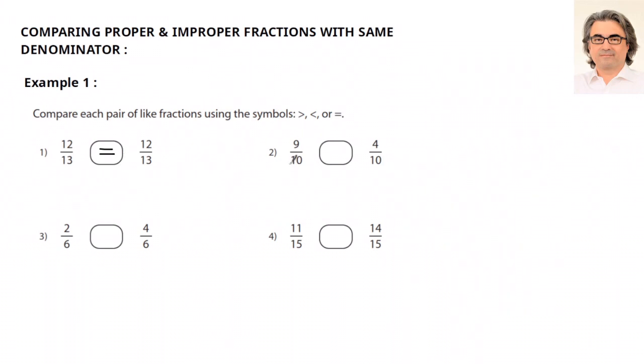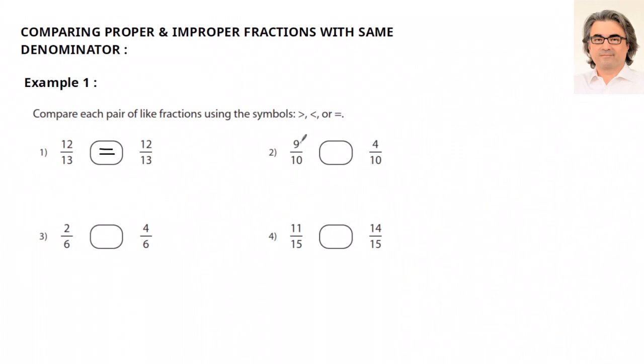In the second one, again denominators are equal to each other. But the first fraction's numerator 9 is greater than the second fraction's numerator 4.